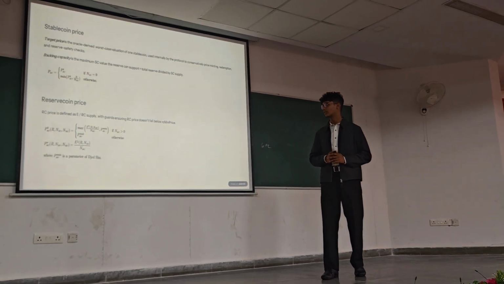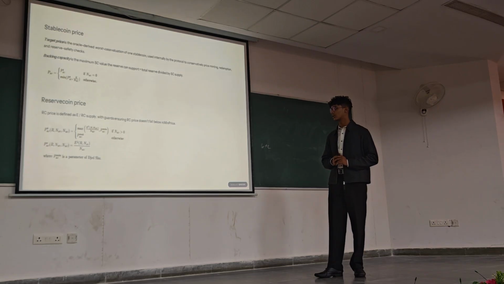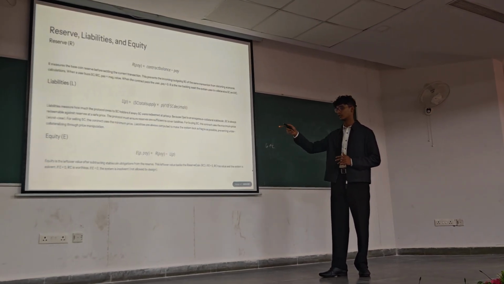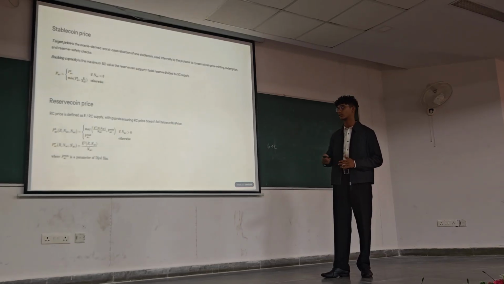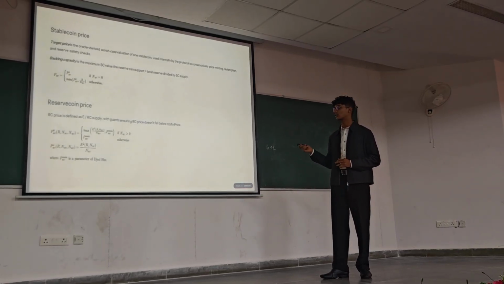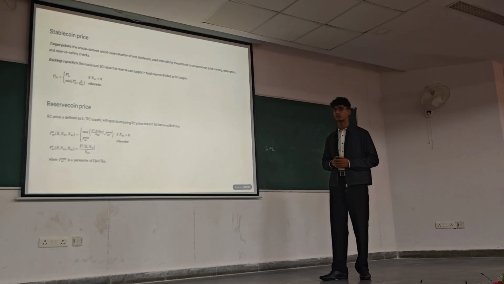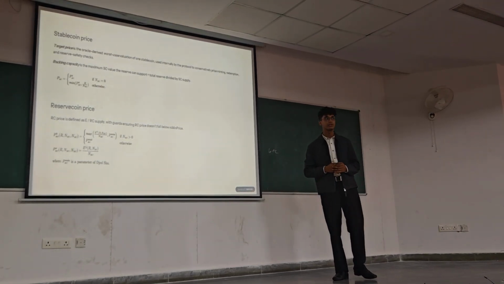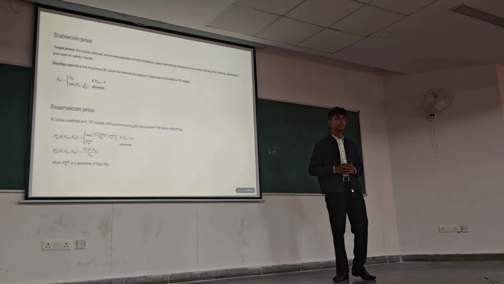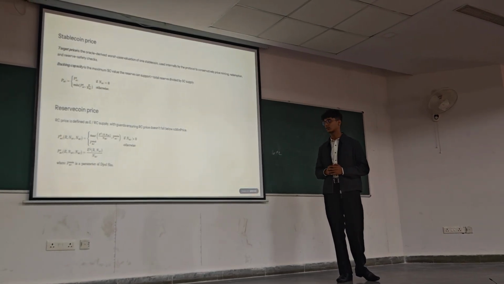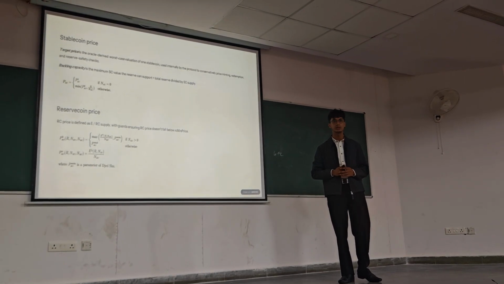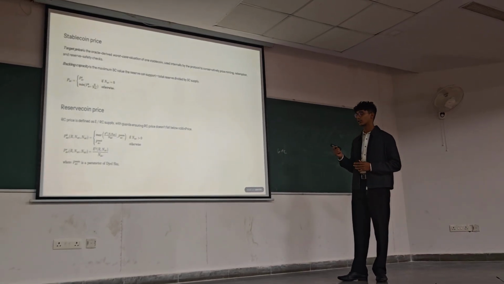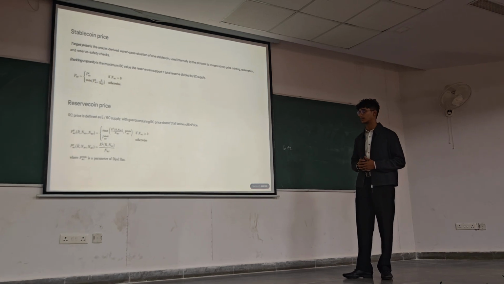But if you already have reserve coins in the system, then the price of a reserve coin becomes the maximum of equity, which is the leftover money, divided by the total number of reserve coins in circulation, and the minimum reserve coin price that we have. So we'll take the maximum of these two. Again, the oracle price which we choose depends on the buy or sell functionality of the reserve coin. If we are buying a reserve coin, then the oracle price which we'll use is the minimum oracle price.